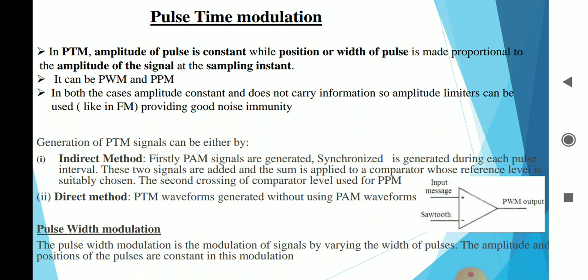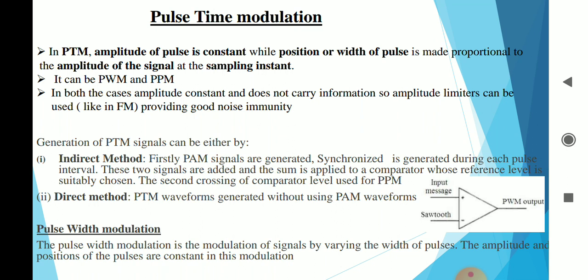It is also called pulse time modulation and pulse duration modulation. The main advantage of pulse time modulation is that the amplitude of the pulse does not carry any information, so the effect of noise on the pulse signal is very less, and it is highly immune to noise.